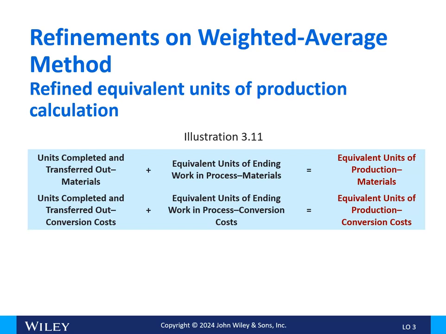So units completed and transferred out for materials plus equivalent units of ending work in process materials is our equivalent units of production materials, and units completed and transferred out for conversion costs plus equivalent units of ending work in process conversion costs is our equivalent units of production conversion costs. So we can have different equivalent units for materials and conversion costs, and that's pretty common.